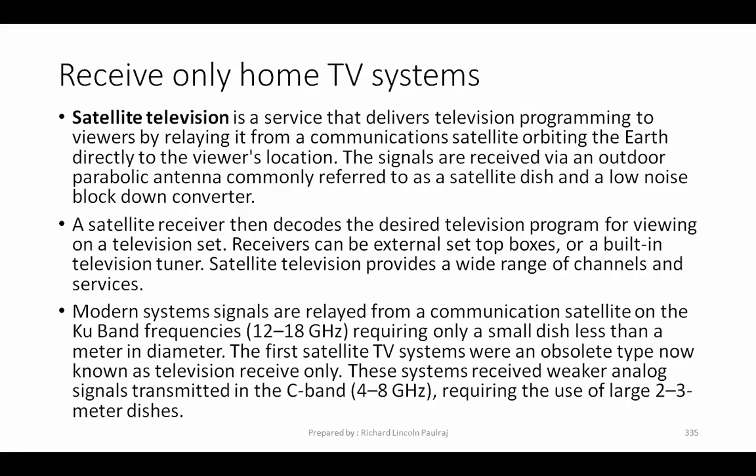So these days, all these are not required because it can directly connect to satellite, and the communications are going to be much better. Modern systems signals are relayed from communication satellite on the Ku band frequencies.